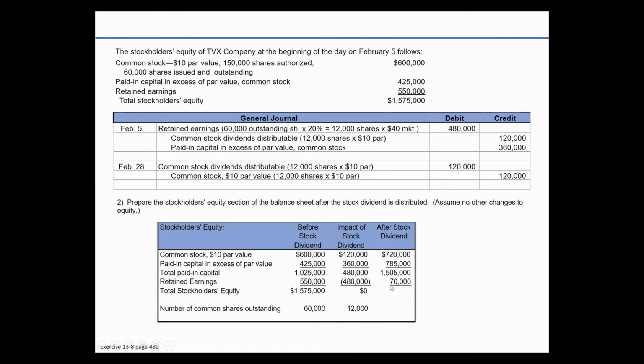Retained earnings is 70,000 because we take 550,000, subtract 480,000 from it, which is 70. And then our total stockholders' equity would remain the same. And in the number of shares outstanding, you would take 60,000, add 12,000 to it. So then the total number of shares outstanding would be 72,000.